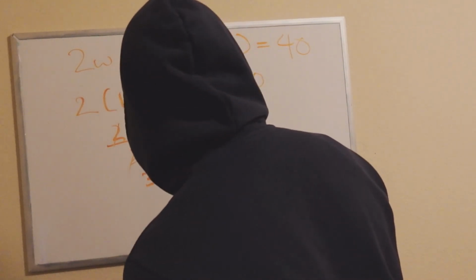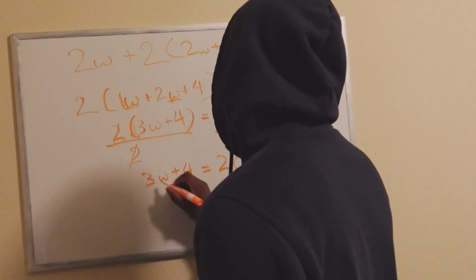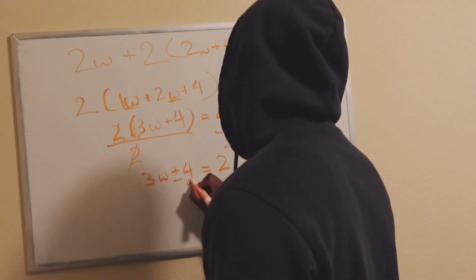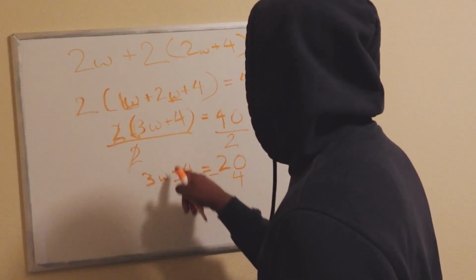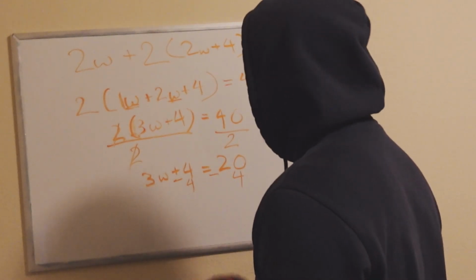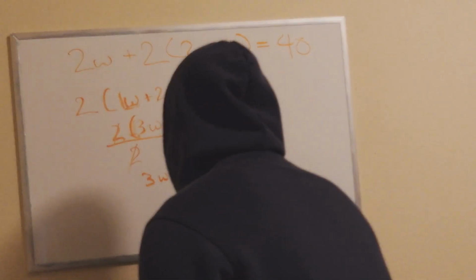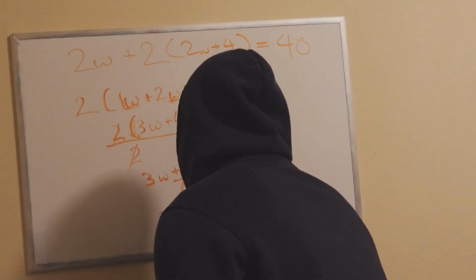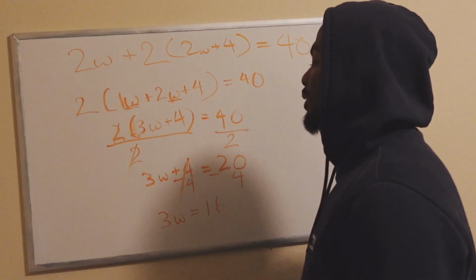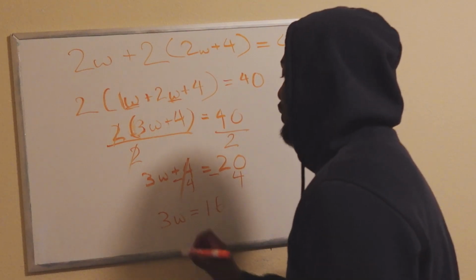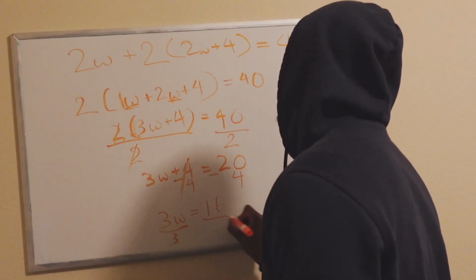Right? So now we need to get rid of the 4. Minus 4. That's gone. Minus 4. That's gone. Because if it's plus here, do the opposite. It's minus. That goes away. 20 minus 4 is 16. Now we have 3W equals 16. This is 3 times W. So to get rid of the 3, we would divide, because division is the opposite of multiplication.